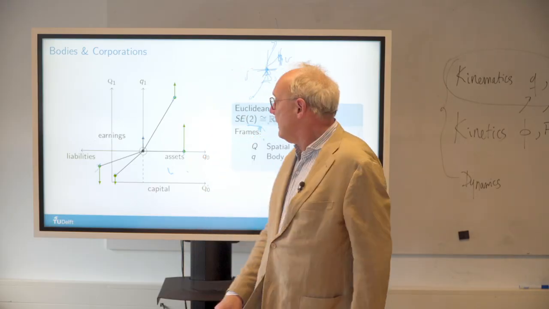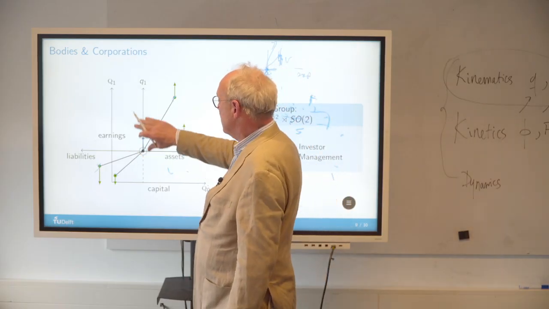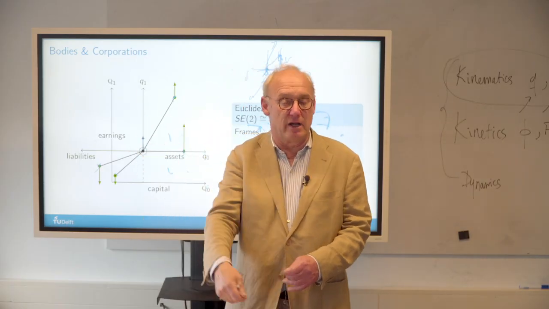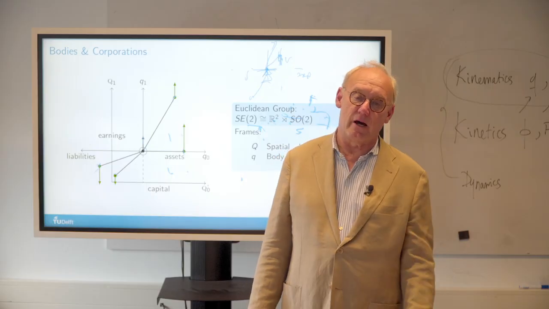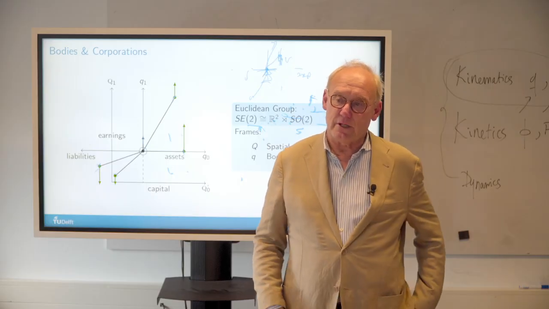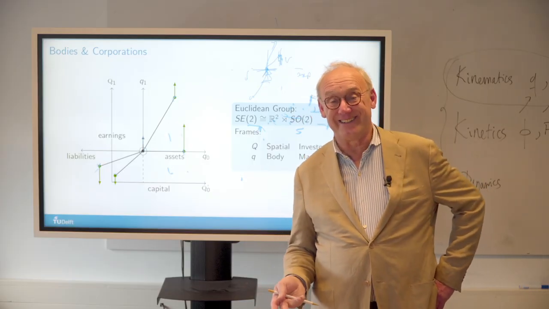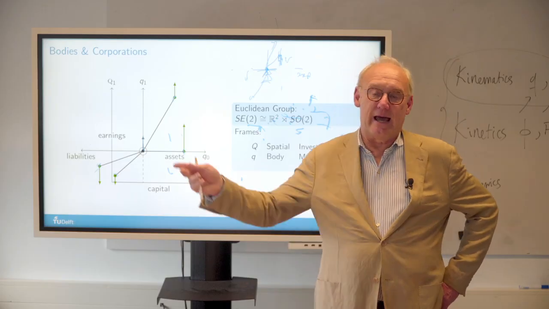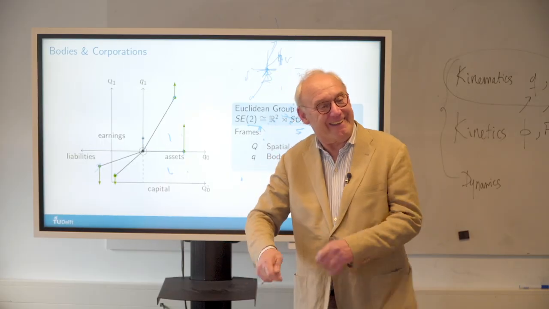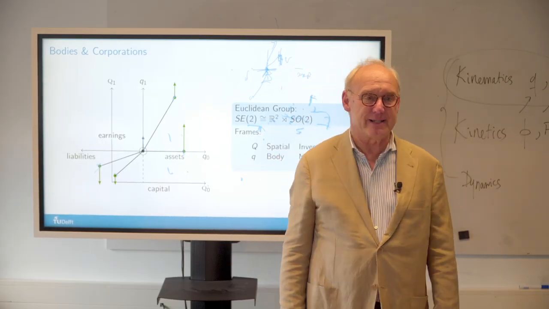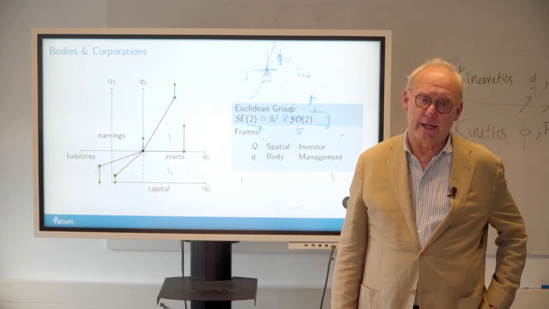Now, if I look at this as the capital of the business and this as the earnings, you'll see it's generating earnings because what it's receiving is bigger than what it has to let go. So you'll see the center of mass motion is equal to the net earnings of the business. And the motion of the assets, that's the one, and that's the other one, the balancing. You see that? So that's interesting, okay?